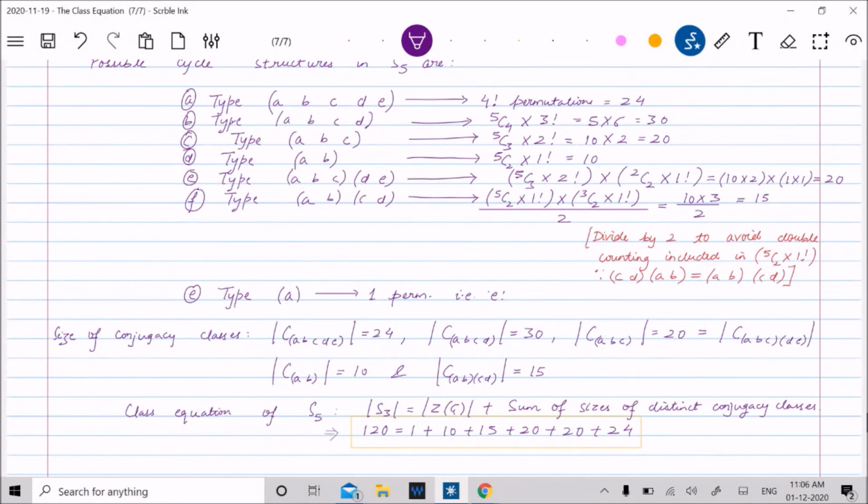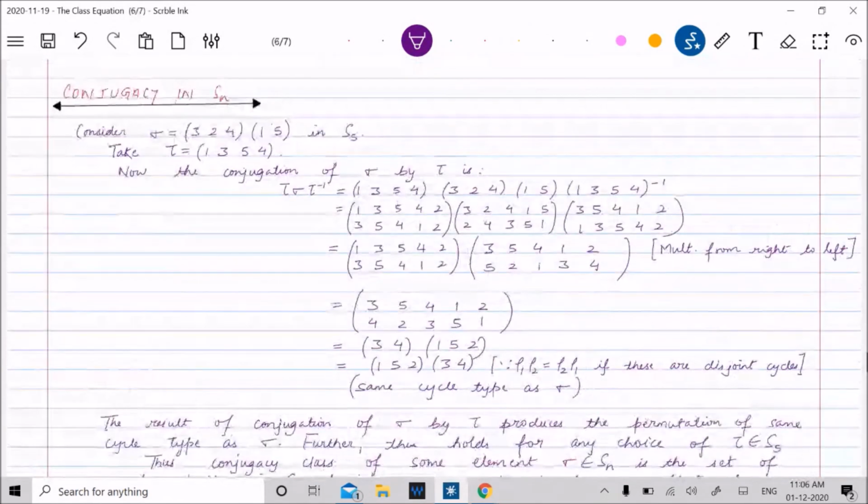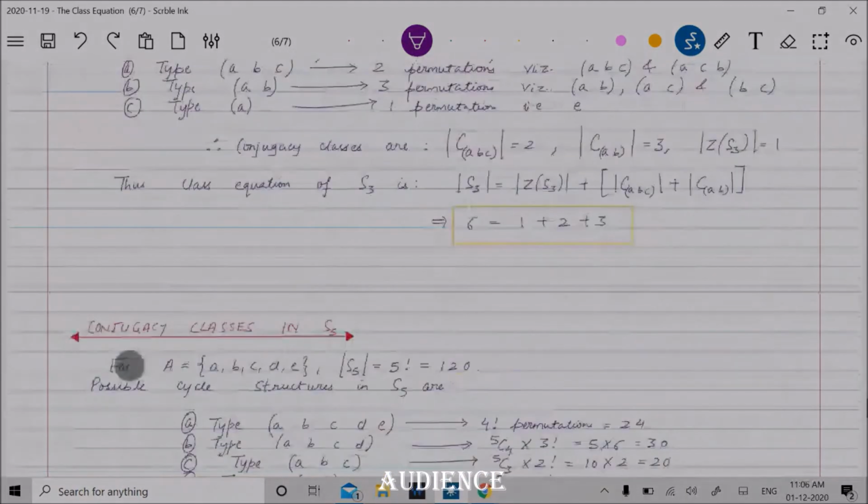This was the topic, right? Conjugacy in Sn. And this is general for all. I mean, this is the general method to find the conjugacy classes, and hence the class equation, of all groups Sn. No matter whatever is the value of n, we will just follow this method.